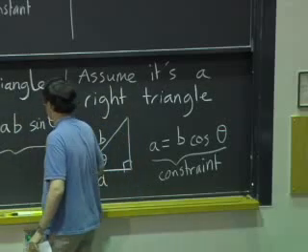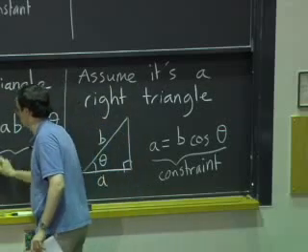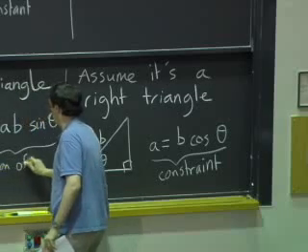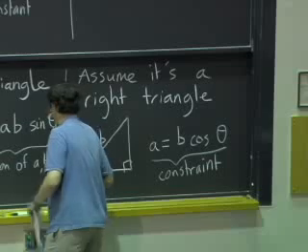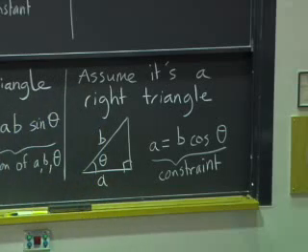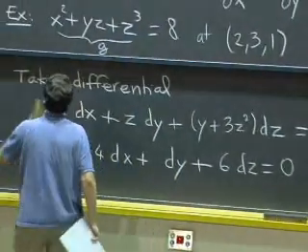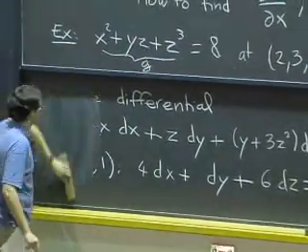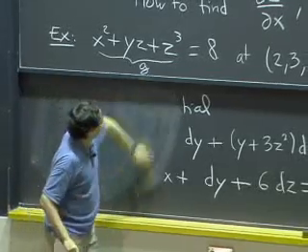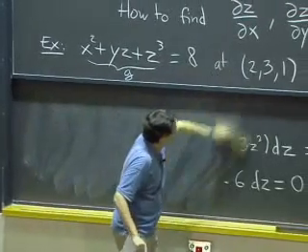And this is a function of A, B, and theta. Let's say that we want to understand how the area depends on theta. What's the rate of change of the area of this triangle with respect to theta? I claim there's various answers. I can think of at least 3 possible answers.